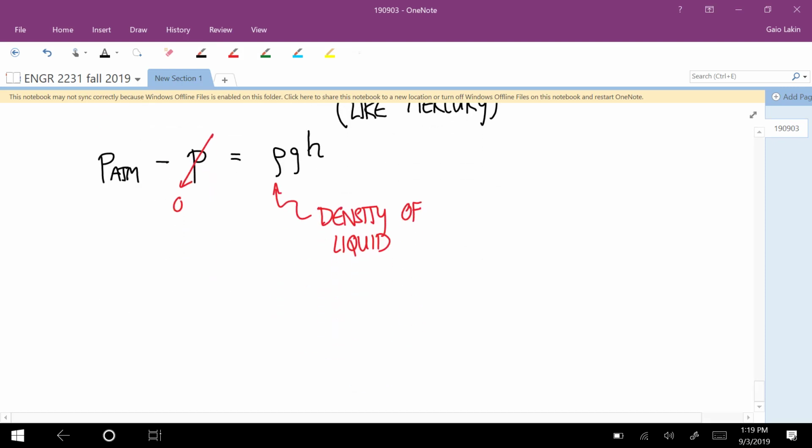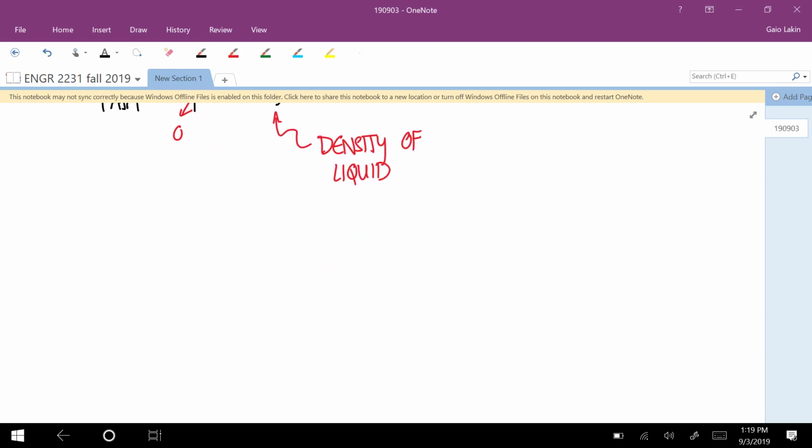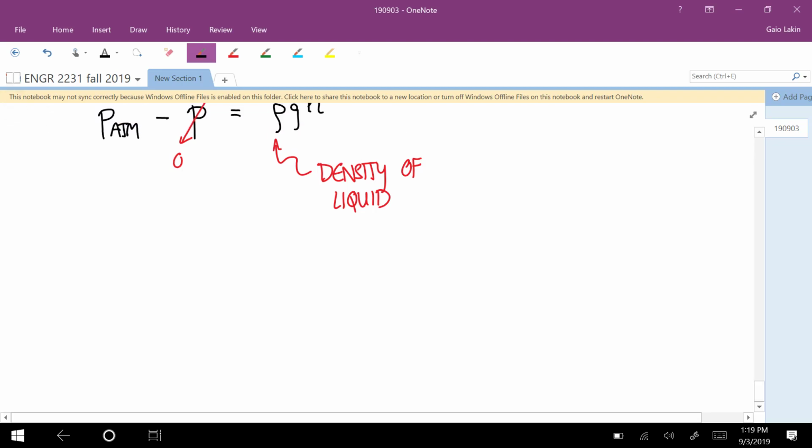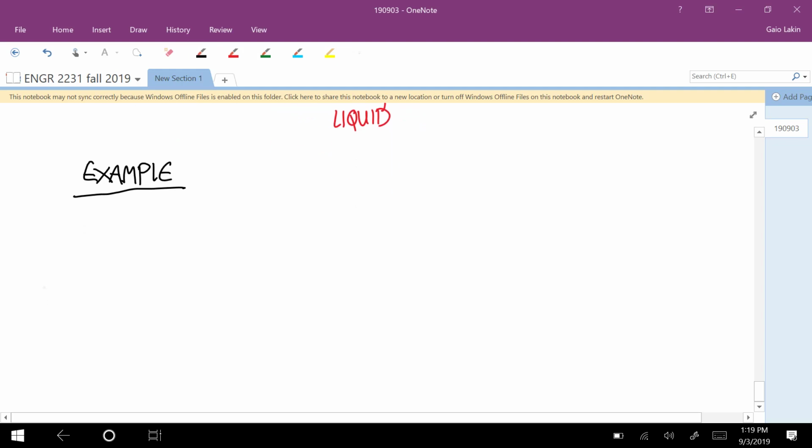Okay, so let's do an example that combines both of these things. Let's say we want to know the pressure inside this vessel.